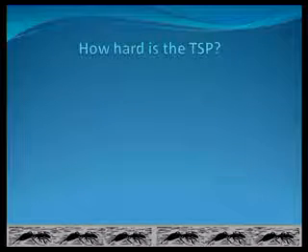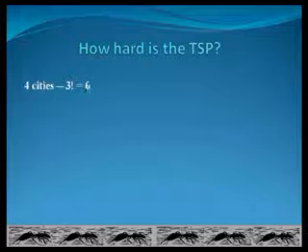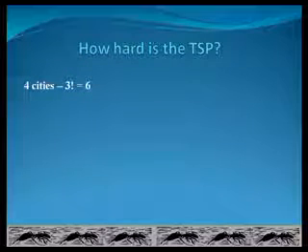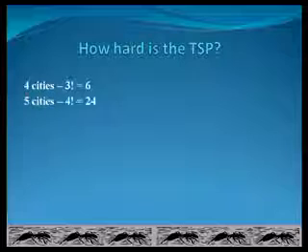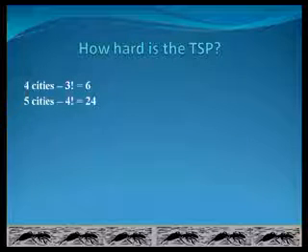How hard is the traveling salesman problem? If we have 4 cities, the number of different routes is equal to factorial 3. That is, we can have 6 different paths. And if the number of cities is 5, we can have 24 different routes, since factorial 4 is equal to 24.